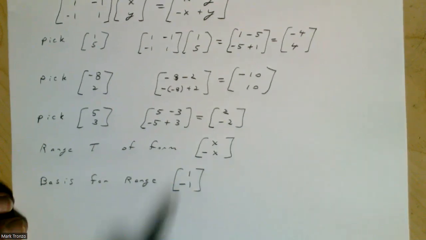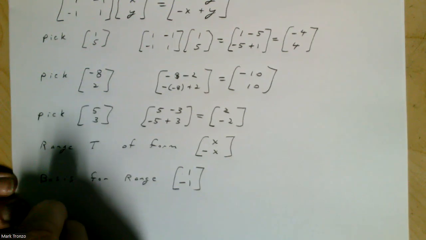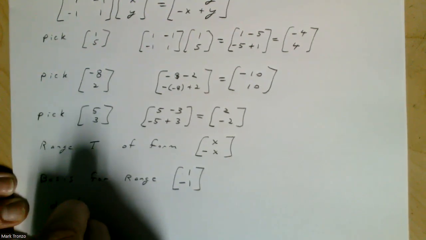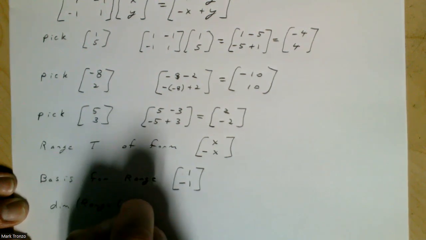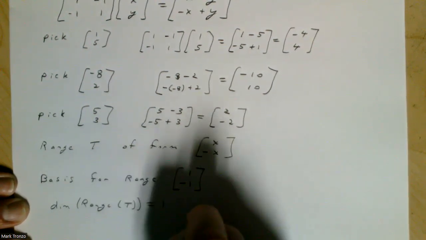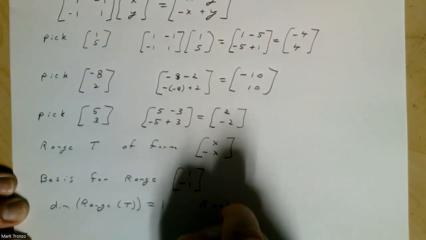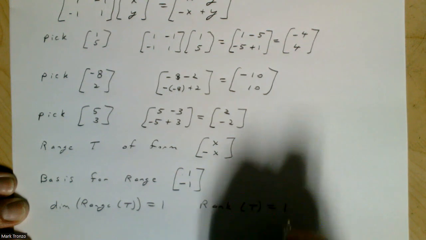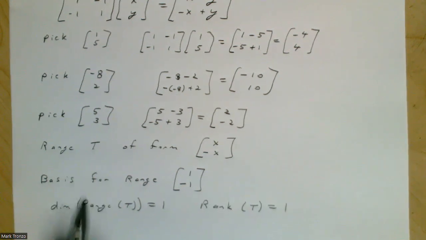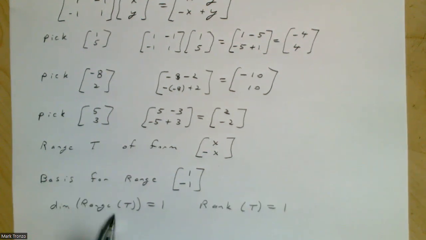So again, the dimension of the range of T, since there's only one vector, is 1. And then the rank of T is 1. We said by definition, the dimension of the range of T is the rank of T.